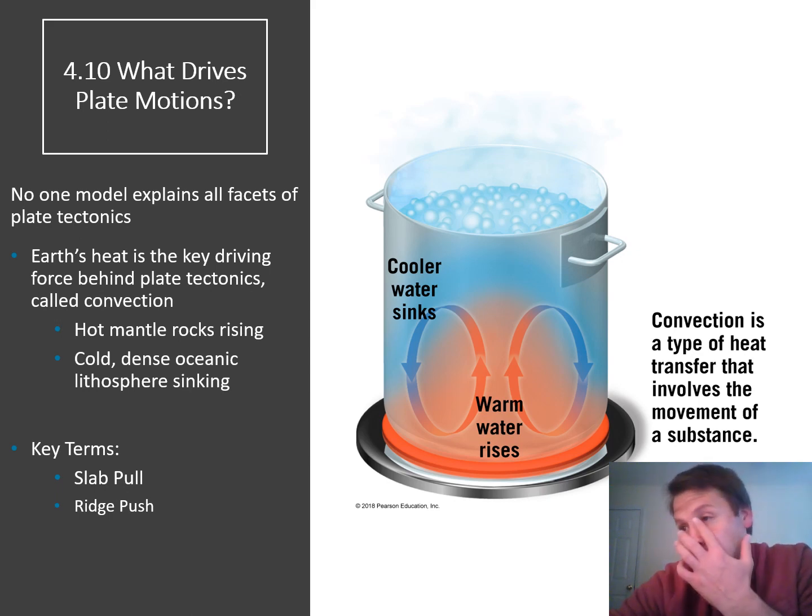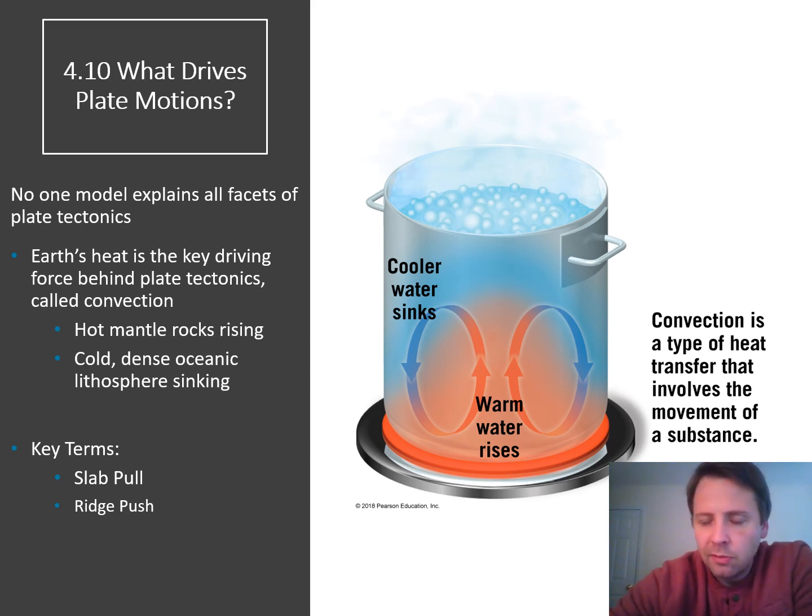So what we assume today to be true is that convection within the Earth is driving plate tectonics, right? If we look at this image, and we saw something like this when we were talking about the atmosphere, convection is the classic example of this pot of water sitting on top of the burner. But if we view the burner as being like the Earth's core, that's where all the heat is coming from.